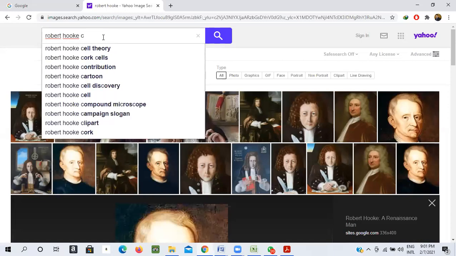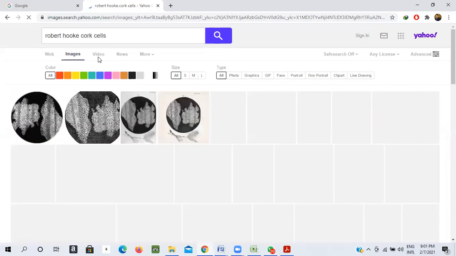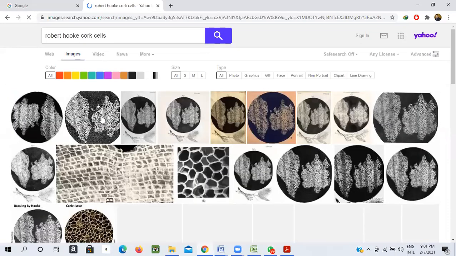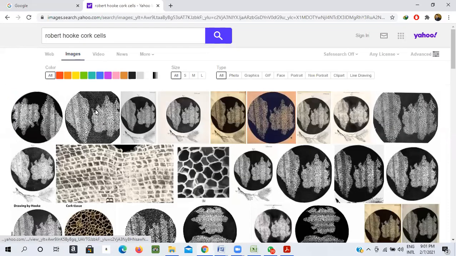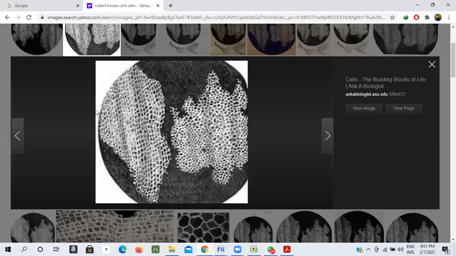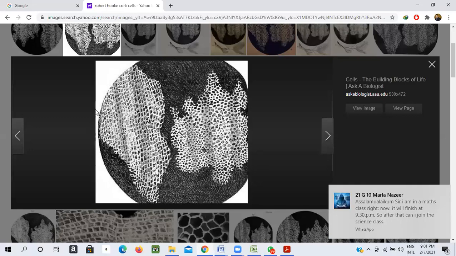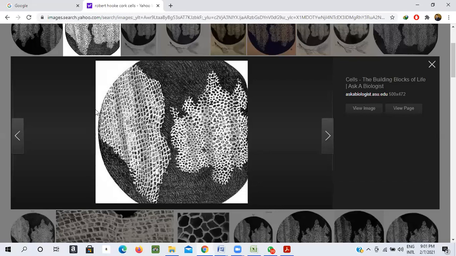Robert Hooke observed cork cells in a microscope. This is how cork cells appeared to him. Do you feel it as a beehive?